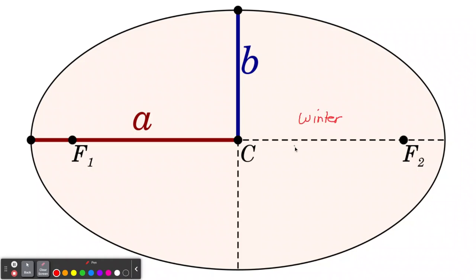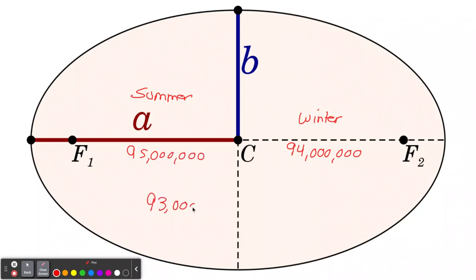In the wintertime, Earth is actually closer to the sun. It's 94 million miles. And in the summer, put the summer over here, the Earth is 95 million miles away from the sun. So that's where we're getting the 93 million miles. And of course, that happens with all the other planets.